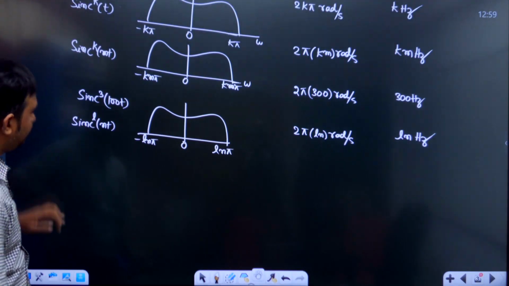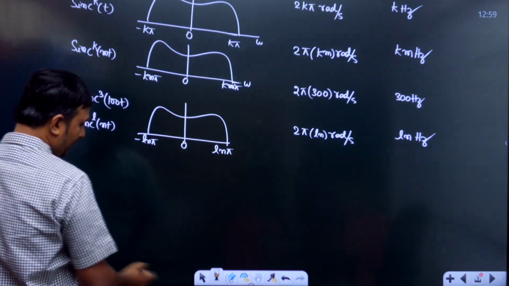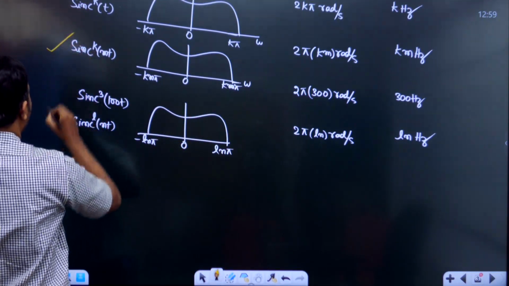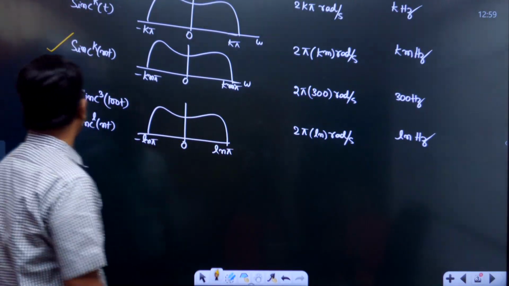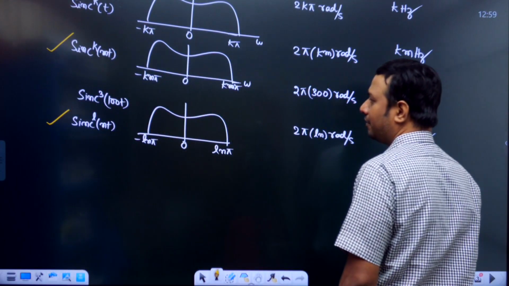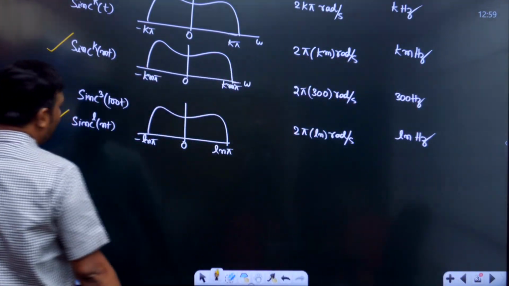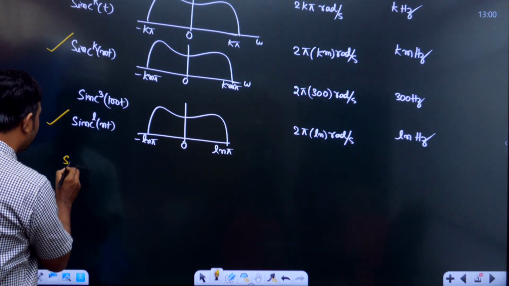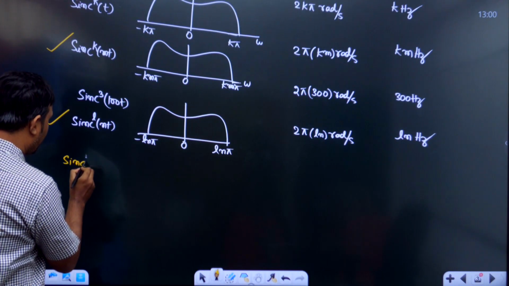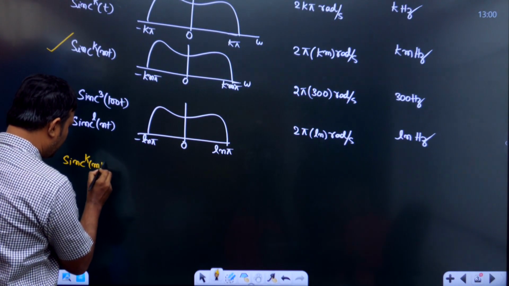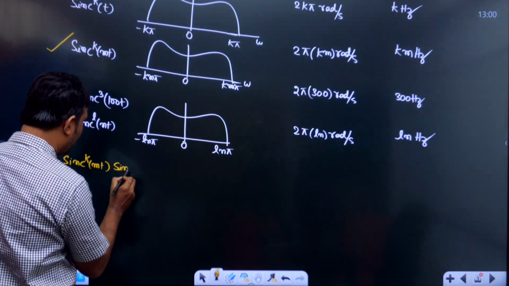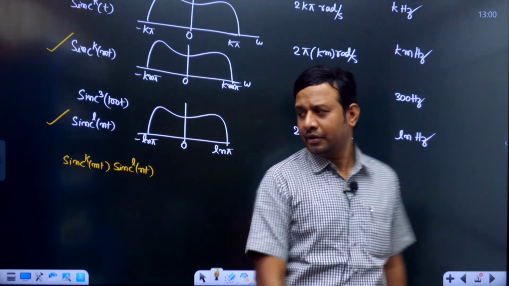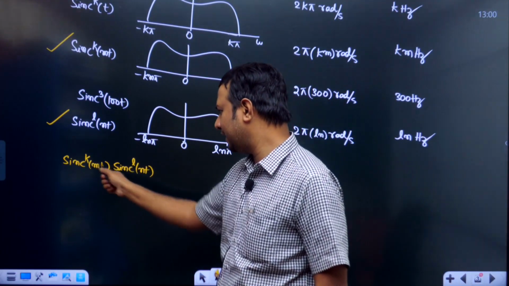Now again extend, very simple. Now observe here. Here I will make use of these two, sinc power K of mt and sinc power L of nt. Now I want the Nyquist rate of sinc power K of mt multiplied with sinc power L of nt. Very simple. Here multiplication is done in the time domain.